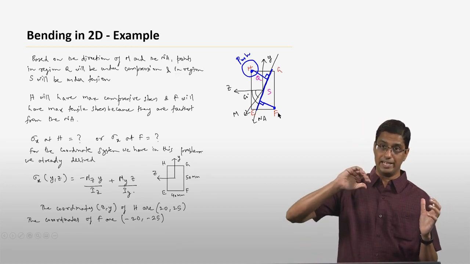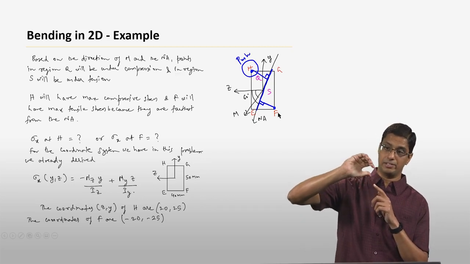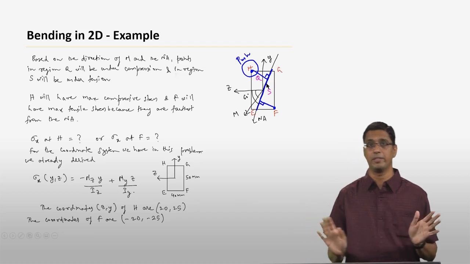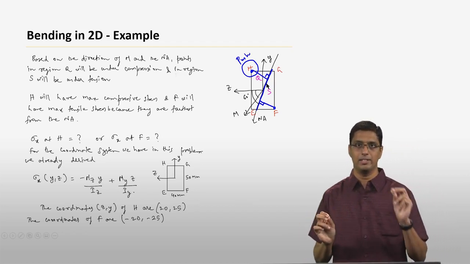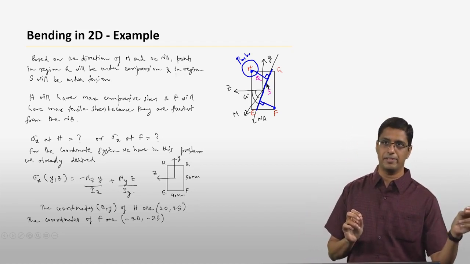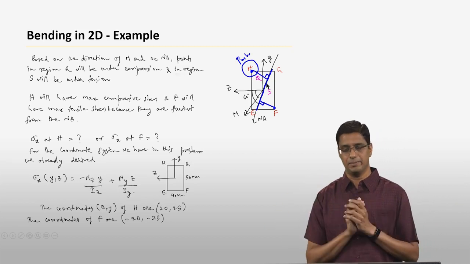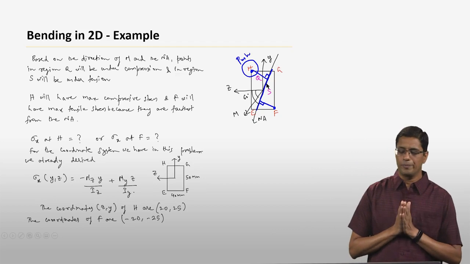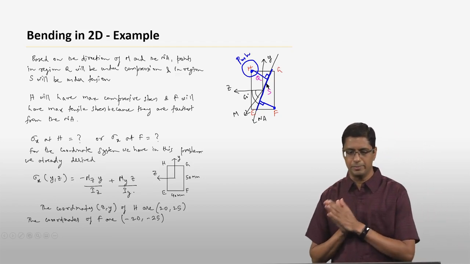And by using your right hand rule, you do your moment like this, see which point is getting pushed, and that point is under compression. So we have figured out which two points have the maximum stress, which one has the maximum compressive stress, and which one has the maximum tensile stress.